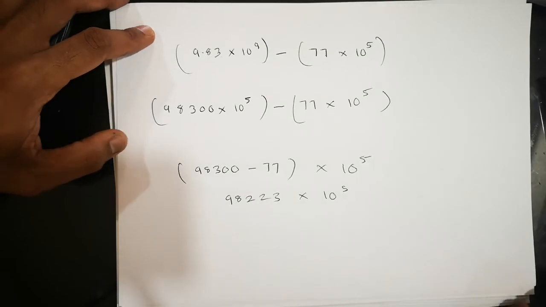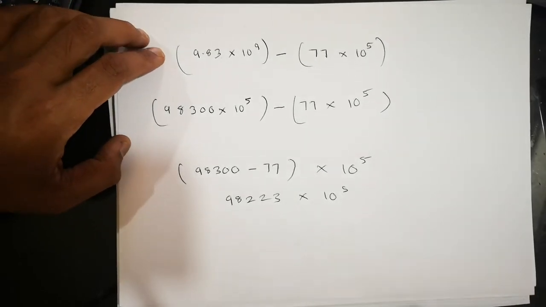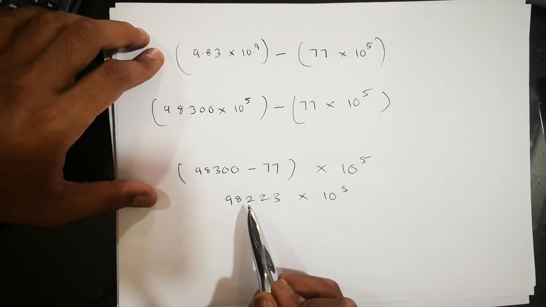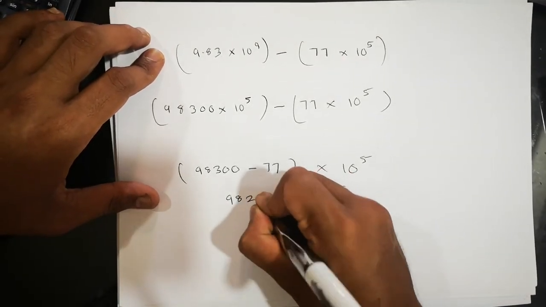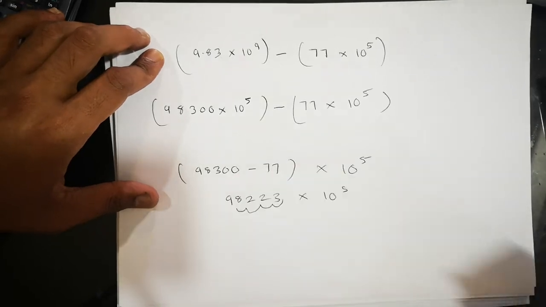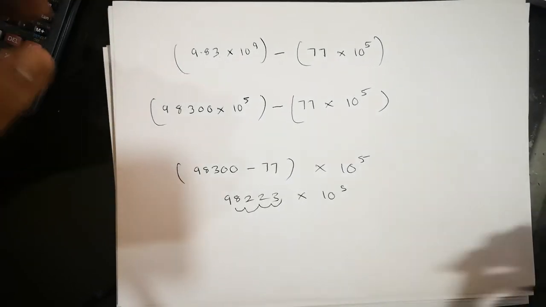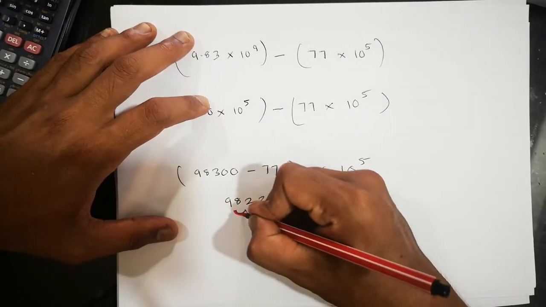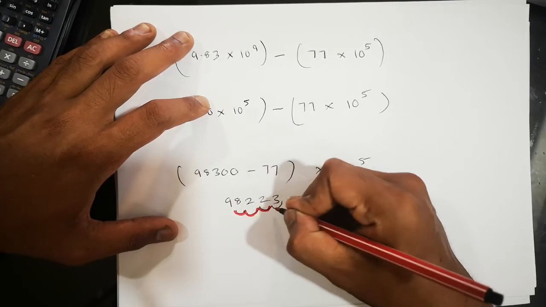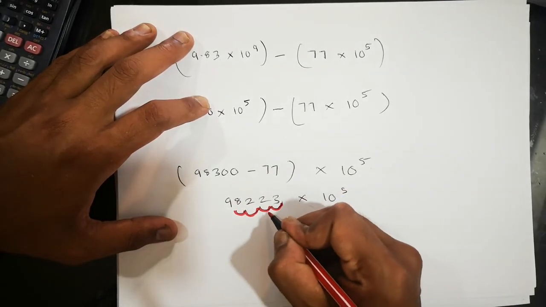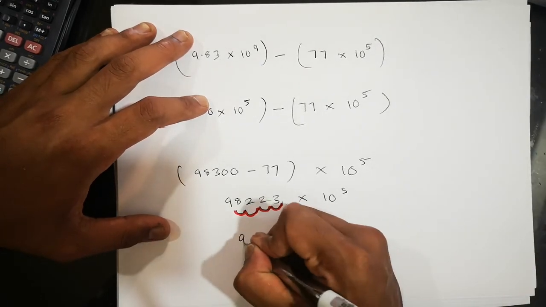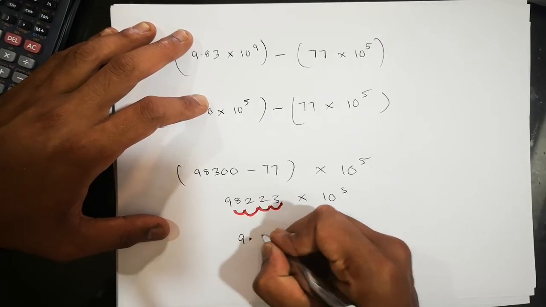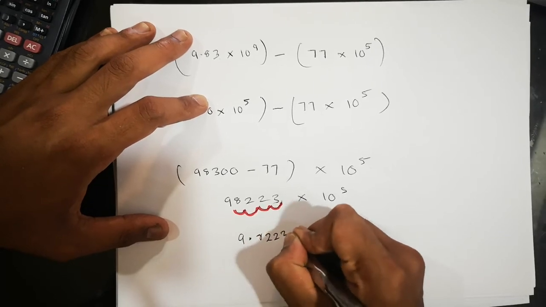But is this standard form? This isn't standard form, right? Because this is more than 10. To get it less than 10, I must move 1, 2, 3, 4. Okay, what you get is 9.8223 times.